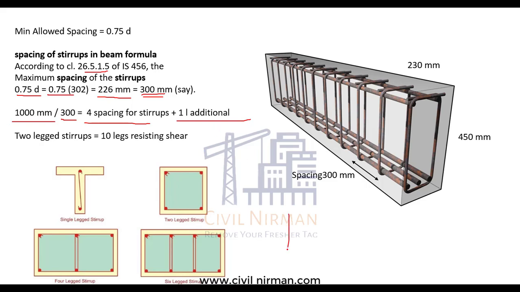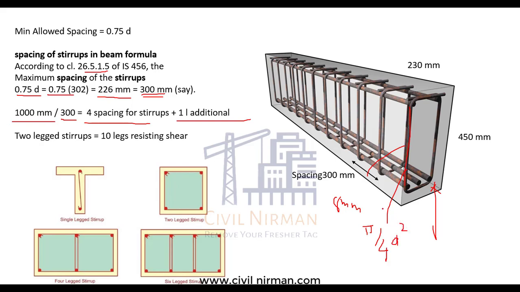Now see, your single stirrup has an area, for 8 mm, of pi by 4 d square. If you work out, 50 mm square is the area for this particular leg, right? So for this particular stirrup, let's say it's 8 mm, your single leg has an area, if you work out pi by 4 d square, of 50 mm square.